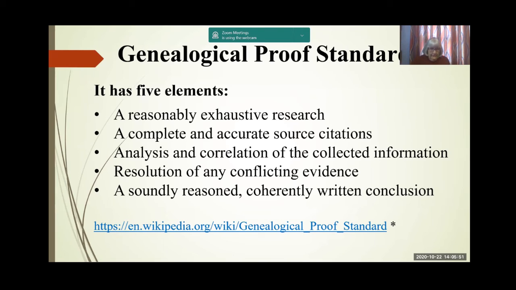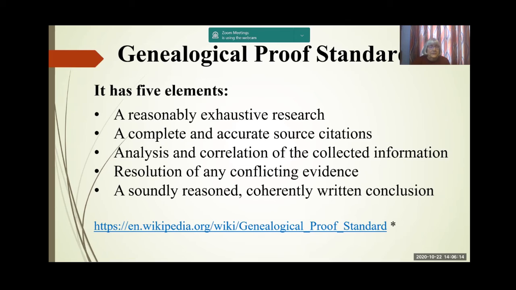The genealogical industry has a proof standard, and these are the five elements. I've given you the link on Wikipedia. They also go into more detail on the Pikes Peak Genealogical Society site if you want to know more.